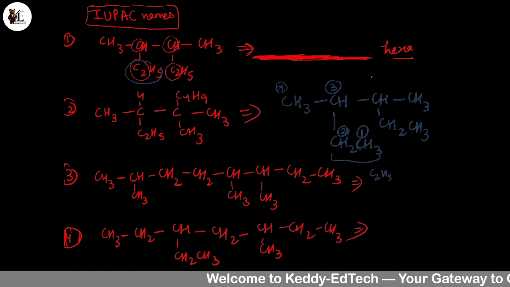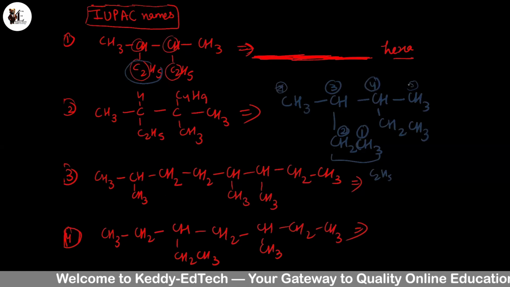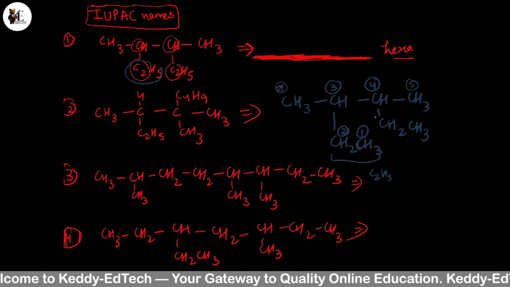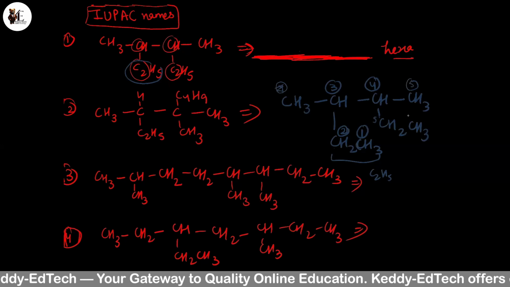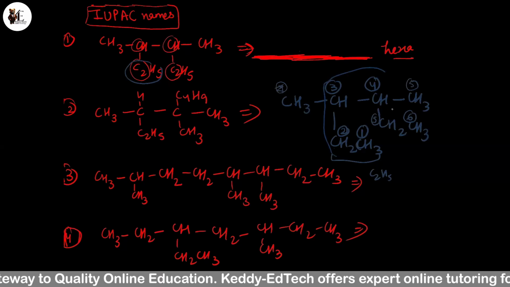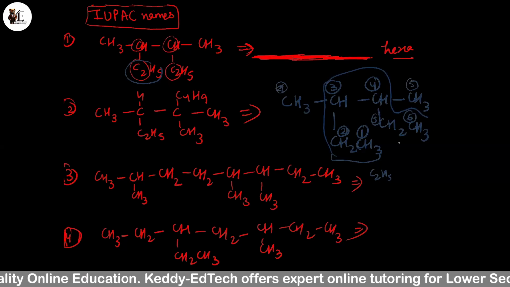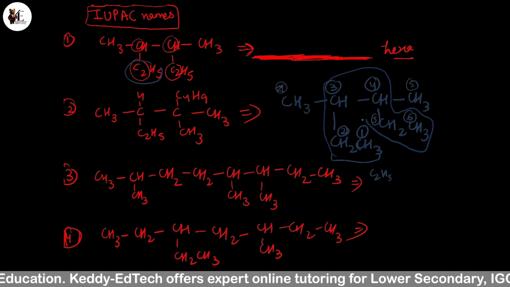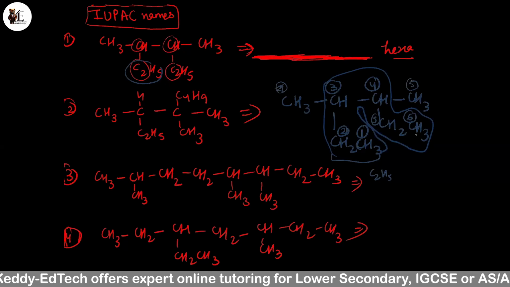If I put 5 here, then also it is pentane. But if I put 5 here and 6 here, then it becomes my longest carbon chain. So I have to select this chain. All other groups are my substituents. So this is my longest carbon chain of 6 carbon atoms.